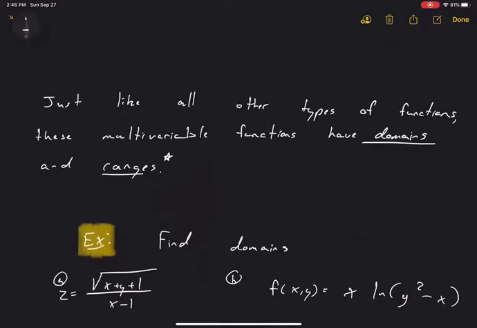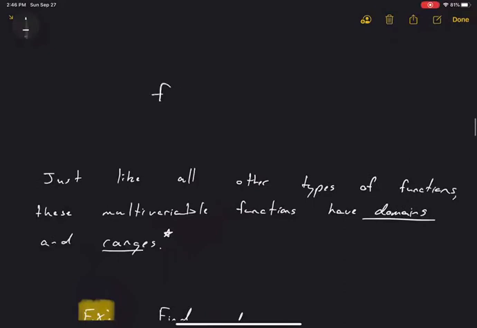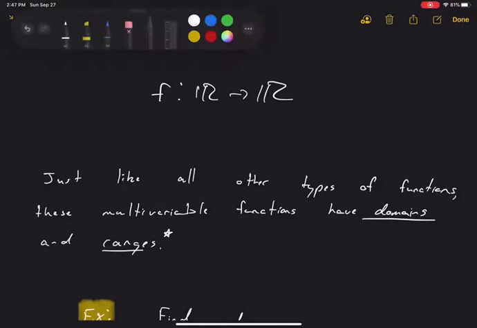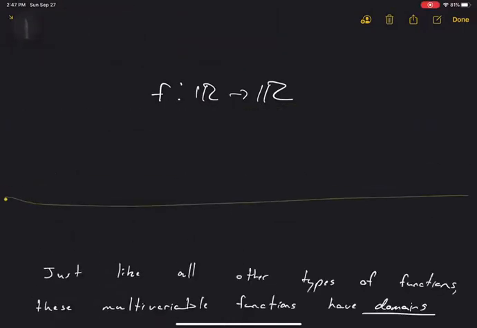Now, I already mentioned this idea of domain. Let's talk about domain for a second. Again, from Calc 1, for a function from R to R, we had this idea of domain. Sometimes this function f is defined on the whole real line and sometimes it's not. For example, if f of x was equal to 1 over x minus 2, I could ask myself, where is this function defined?